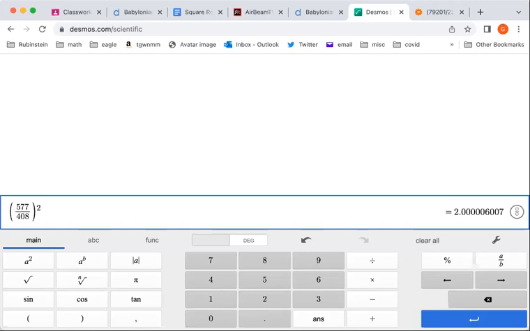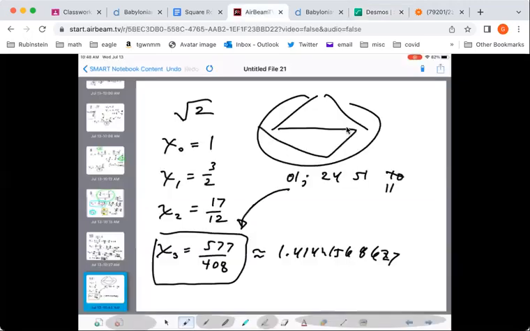Oh, I'm sorry. I'm not showing the whiteboard. So as I was saying, if you do this process for the square root of 2, you'd eventually get 577 over 408. The decimal approximation for 577 over 408 is very close to the decimal approximation of the Yale tablet, 1; 24, 51, 10.